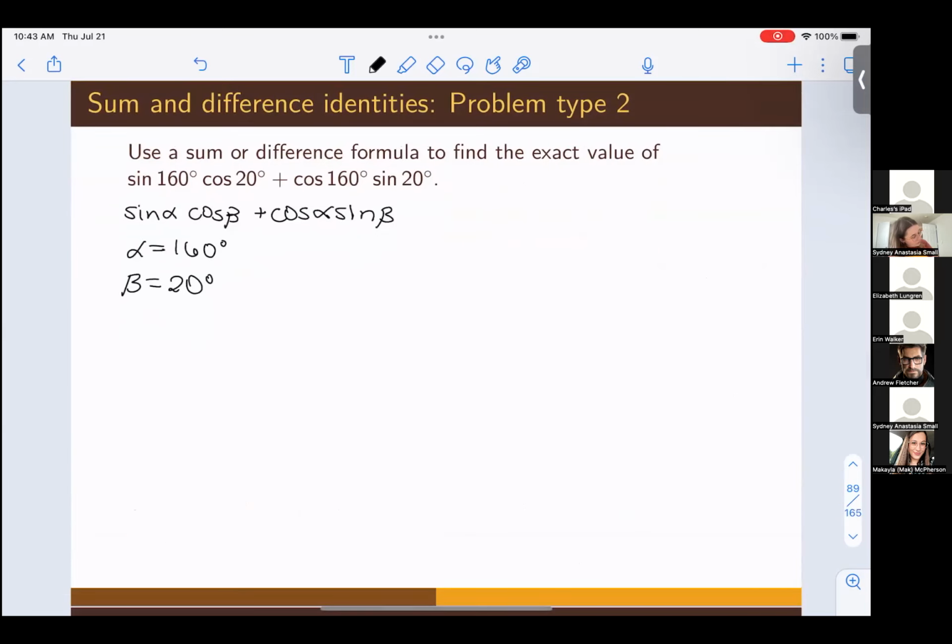So all of this up here at the top is equal to the sine of 160 degrees plus 20 degrees, which is the sine of 180 degrees because I can add those two values together. We know the sine of 180 degrees. 180 degrees is just right here. The sine of it is the y coordinate on the unit circle at this point.